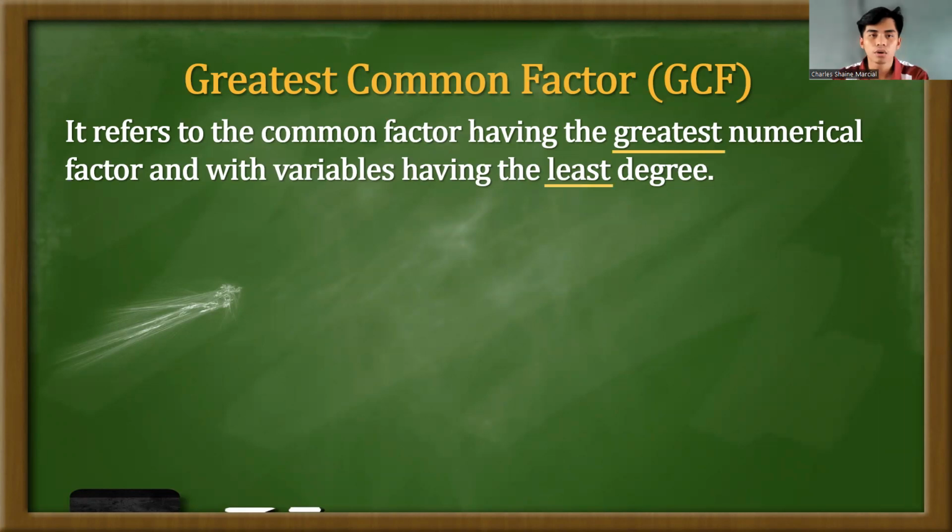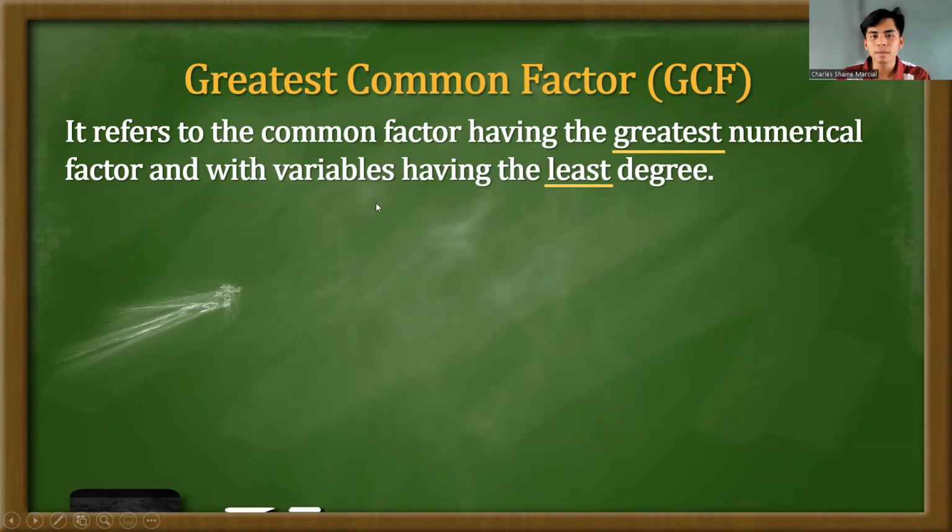Okay po. So sabi dito, pag kinukuha natin yung GCF ng isang polynomial, kukunin natin yung common factor ng isang number. Kapag number, kukunin natin yung greatest, kaya nga greatest common factor, yung greatest numerical factor.